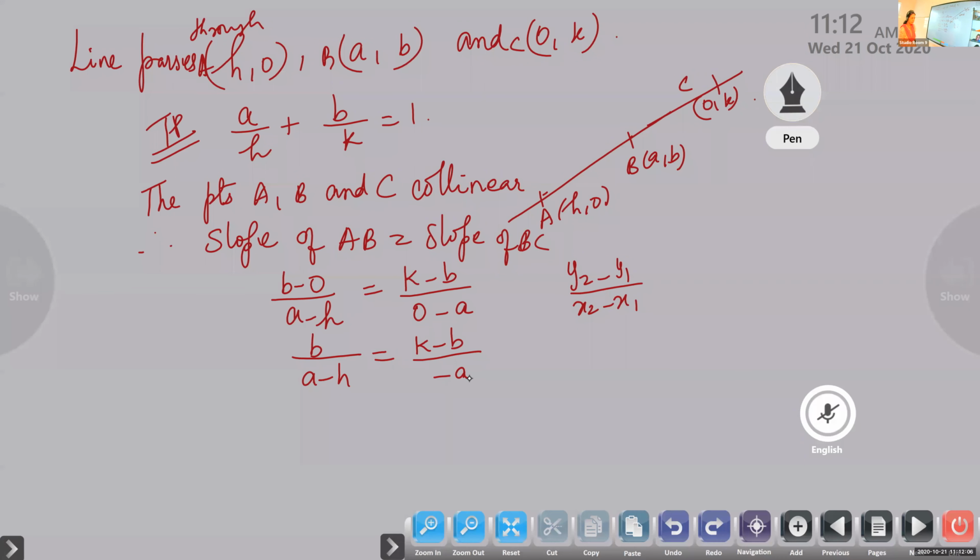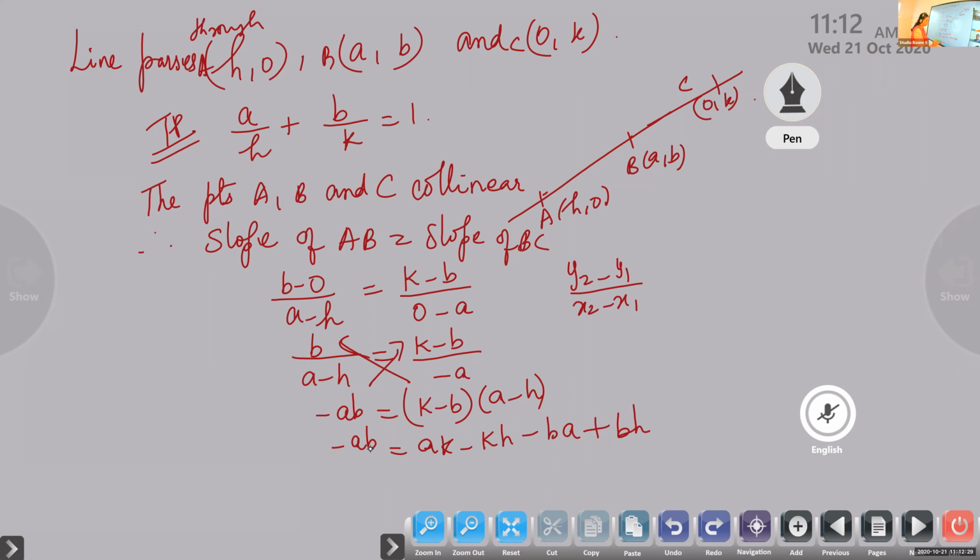The next step, you can cross multiply this, isn't it? So when you cross multiply this, minus ab is equal to (k minus b) into (a minus h). So when you open the bracket, you get ak minus kh minus ba plus bh is minus ab.